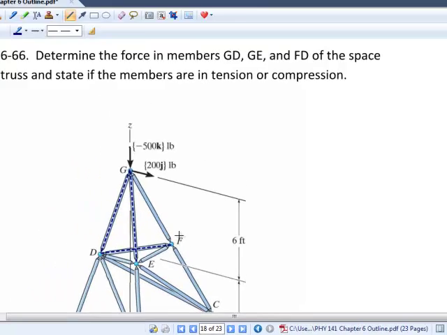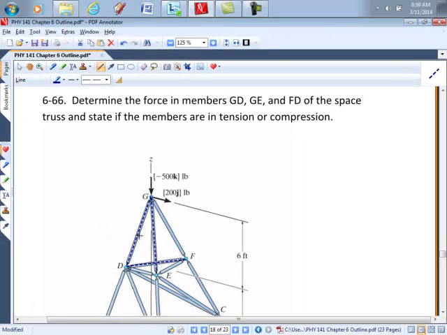We could cut a section that goes through these 3 that we're looking for, and then plus EF and FC. That would also work. I think it's probably going to be easier to use method of joints than the method of sections. It's a 3-dimensional problem like this, since there's only two joints we'd have to do anyway. So let's do that then.